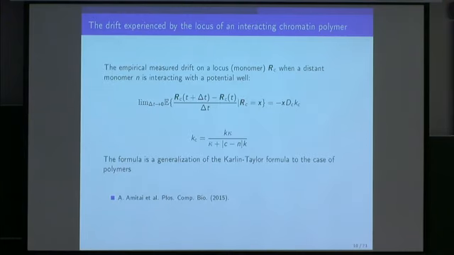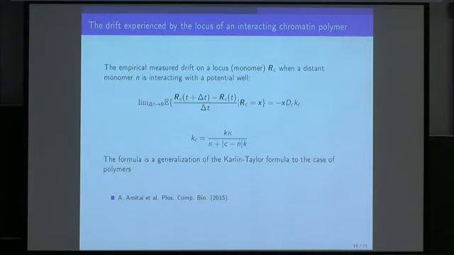Okay, so if we take the interaction to be an infinite harmonic well, which is a good first order approximation for any confining interaction, you can show that you get this expression for the step size of the observed monomer. And this is somehow reminiscent of an Ornstein-Uhlenbeck process, where x is the distance from the average position of the trap, D_c is the diffusion coefficient of the monomer that we were observing, and K_c is the effective spring coefficient that this guy feels.